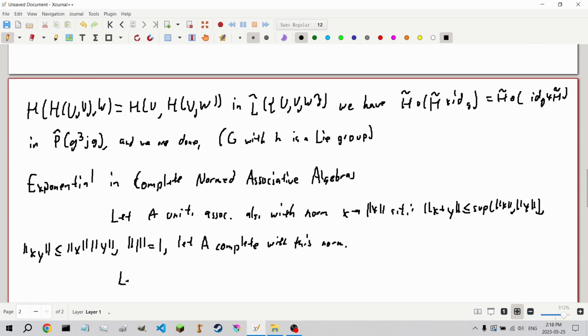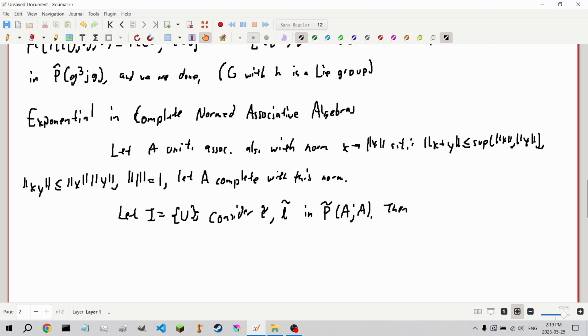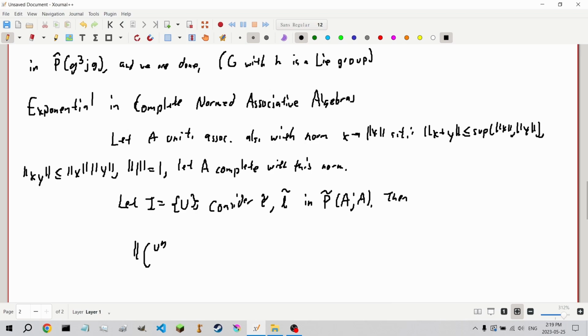Let I be a single indeterminate U. Consider the images of E and L, our power series from before, in P tilde of A on A. Then we have, I'm going to write these as their own lines: the norm of U to the n over n factorial tilde is at most a to the minus n minus 1 theta.